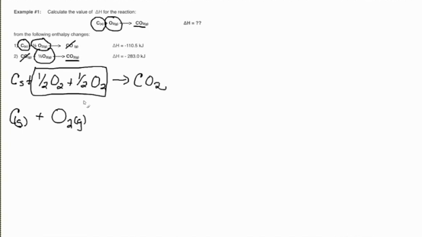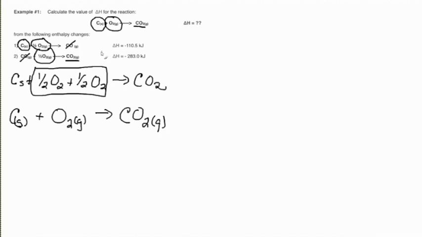I didn't put it up here, but you know that it is. And then carbon dioxide, which is also gas. Okay, so we have solid carbon, oxygen, oxygen, carbon dioxide. We have taken these 2 reactions and added them together to get our original problem.